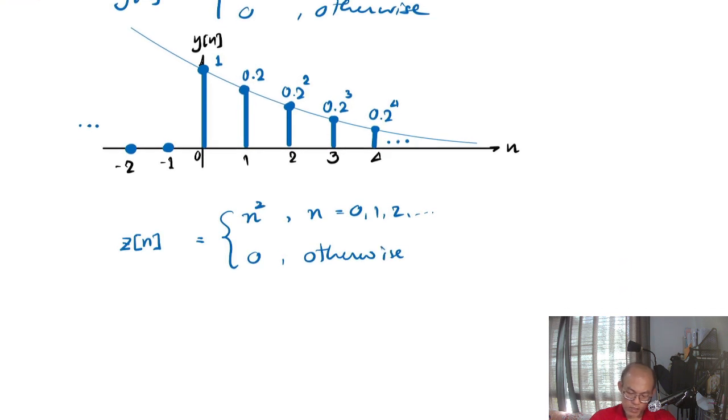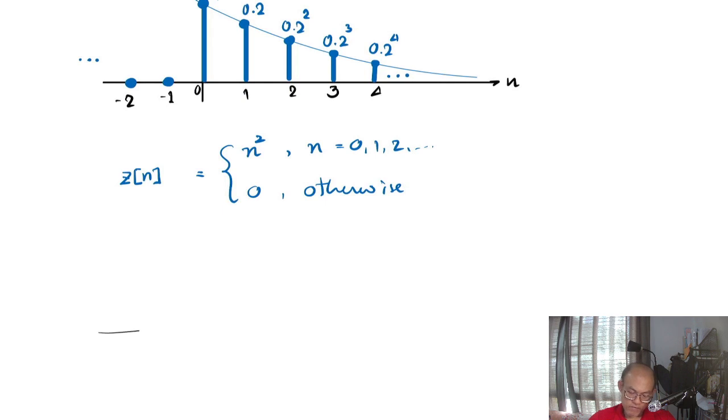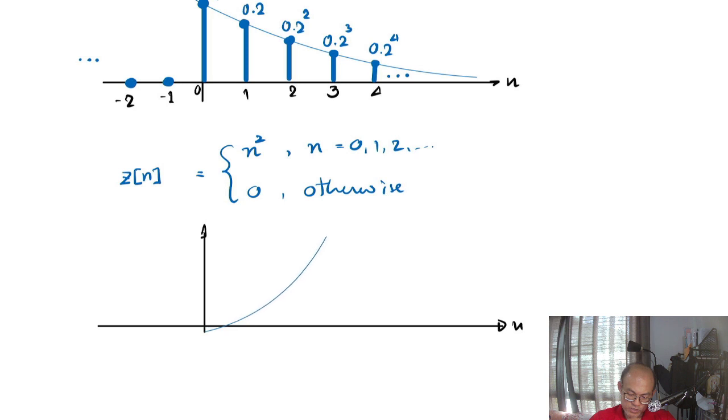Then if you plot z, it would look like a parabolic function, except that the values are at discrete instances.